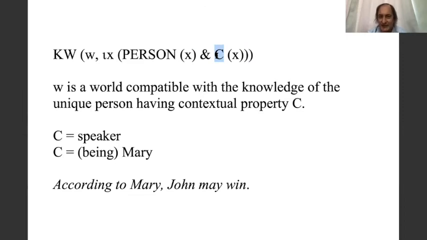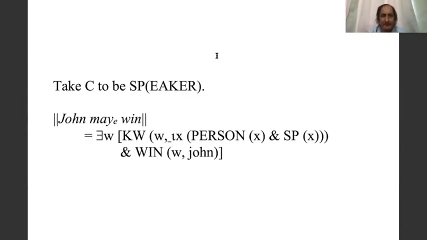It could be the speaker. That's the norm for epistemic interpretation. But we could also make it somebody else. I could say, according to Mary, John may win. I, on the other hand, know that he won't. Okay, my knowledge could be different from Mary's. Mary's knowledge allows the possibility of John winning. Mine may not.